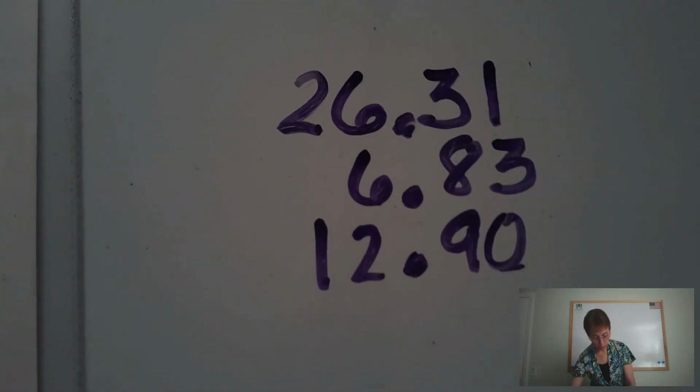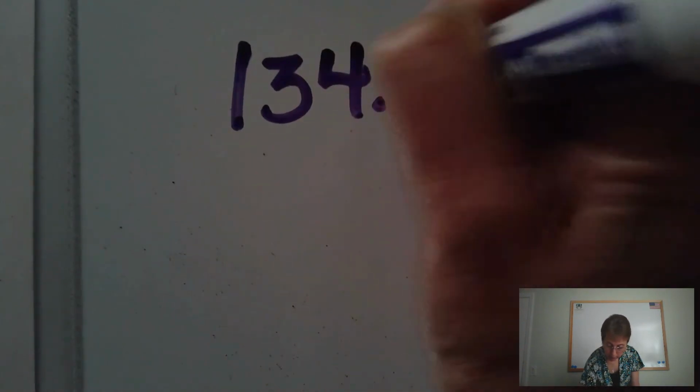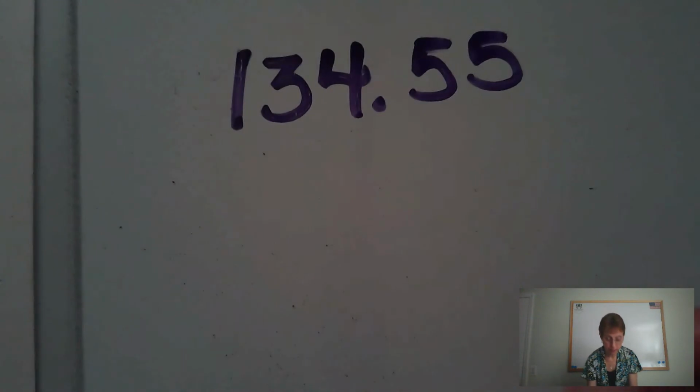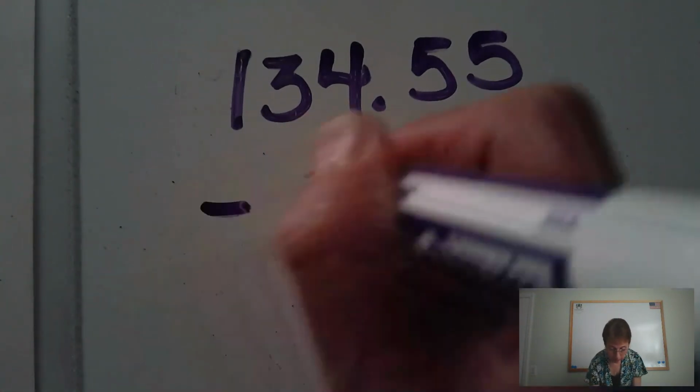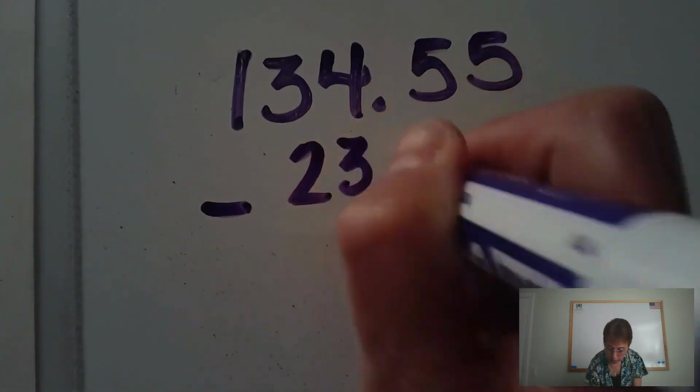Okay, in number 12, you have 134 and 55 hundredths, or 134.55, minus 23.9.